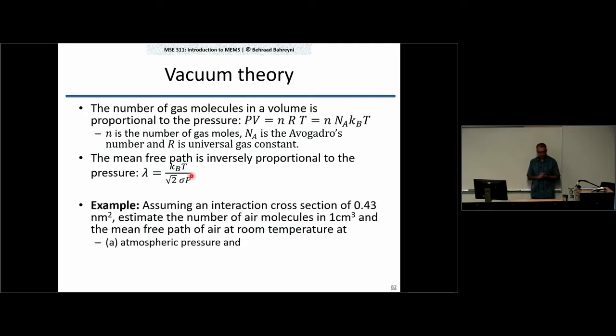If you assume that you have a chamber that you're holding at room temperature, atmospheric pressure, the question is, what is the mean free path under these conditions?